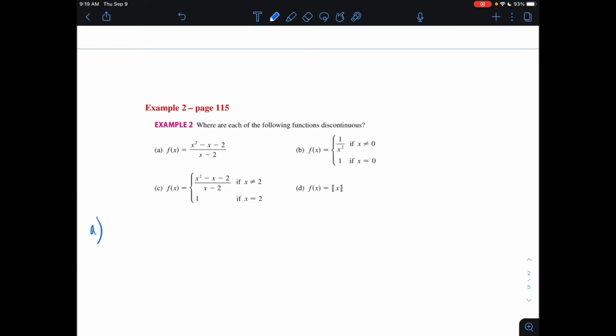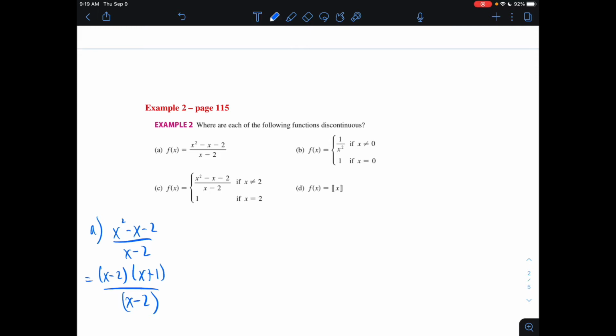It's a rational expression, and we should consider factoring this. So x squared minus x minus 2 divided by x minus 2. We could factor the numerator to be x minus 2 times x plus 1, divided by x minus 2.